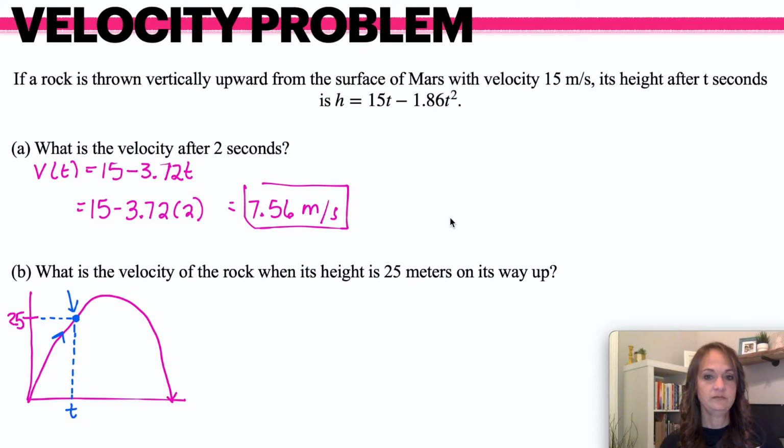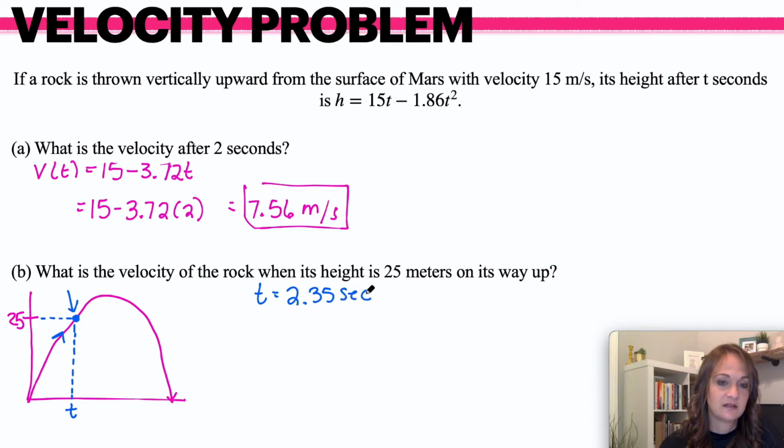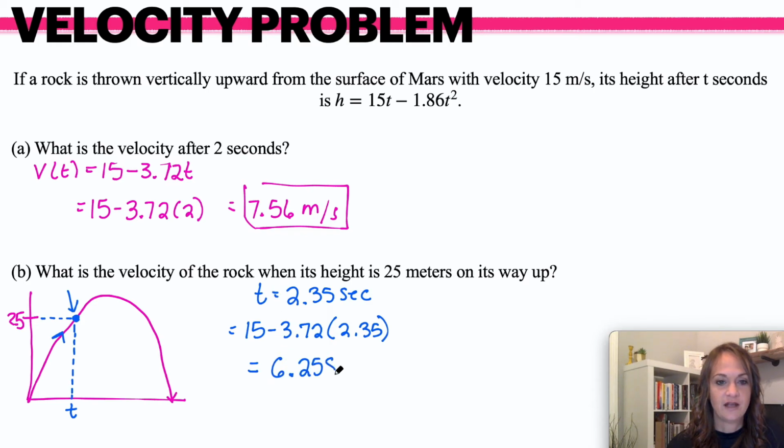So after 2.35 seconds, the rock will reach 25 meters. So what we're going to do is take the velocity, and we're going to plug in 2.35, and when we do that, we will get 6.258 meters per second.